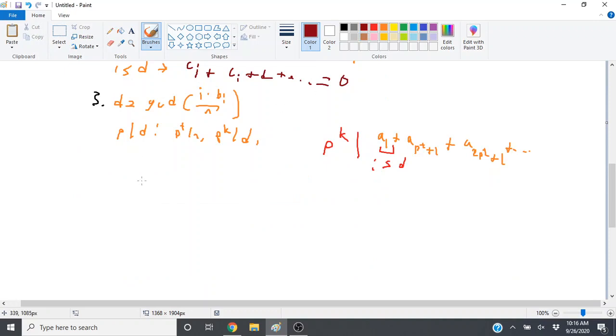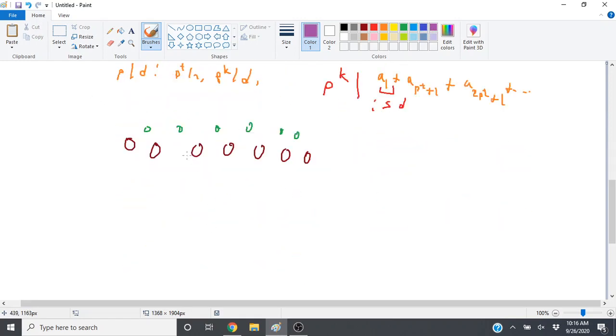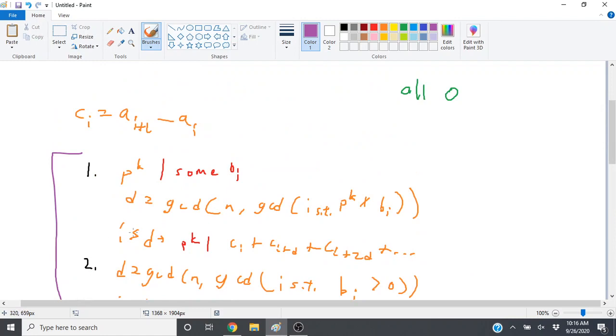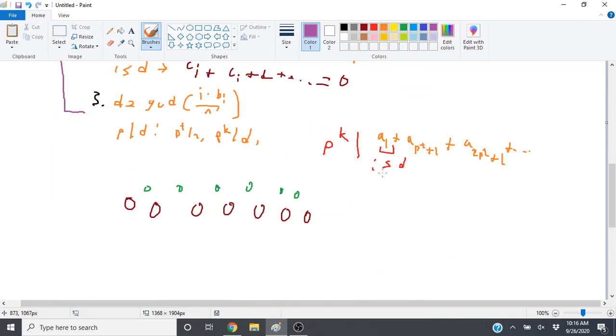So the way we show that they're necessary is that the final state of the array is all zeros, which means that all ci are also equal to 0. So we can show that any operation isn't going to change any of these conditions. If these conditions were true before, then they'll be true after any operation.